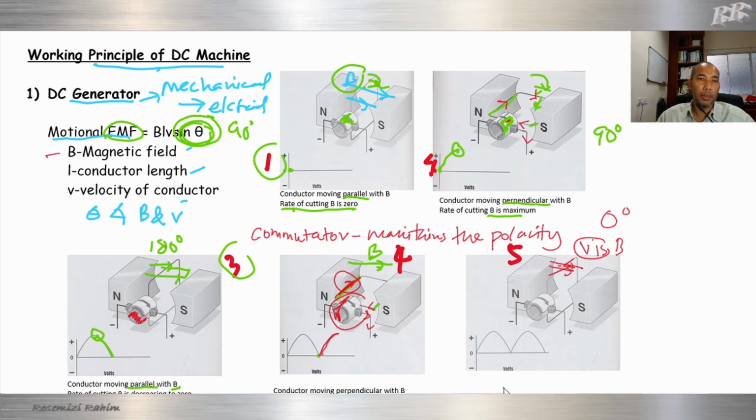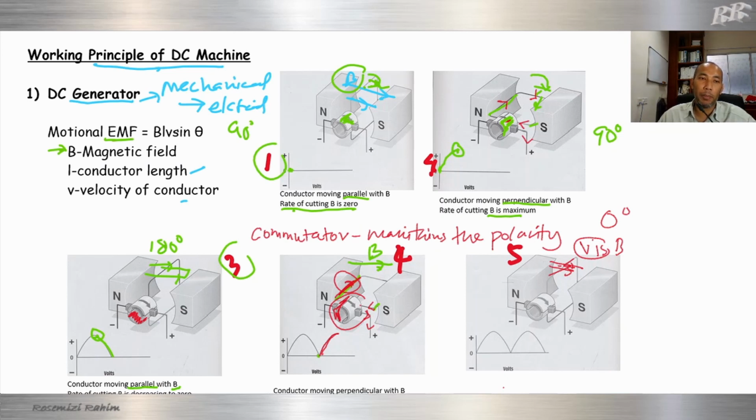From this equation, we can say that the amount of EMF depends on B, the magnetic field, so it depends on the magnetic field strength.